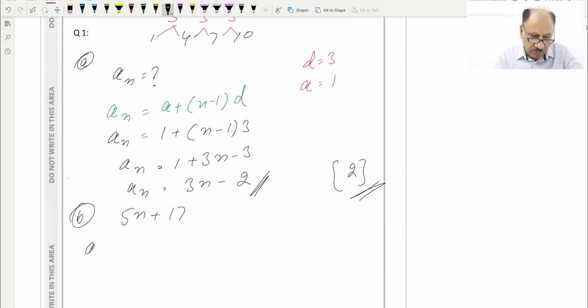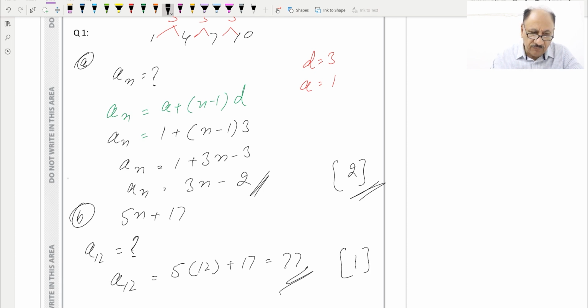So a12 is required, and we will replace n with 12. a12 is equal to 5 into 12 plus 17, which is 60 plus 17, which is 77. This is the 1 mark part which we have done. The first question was for 3 marks.